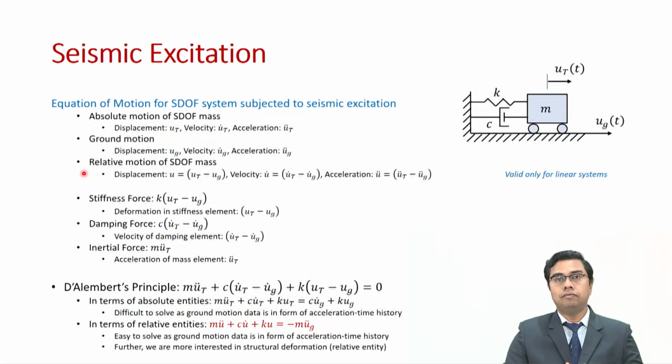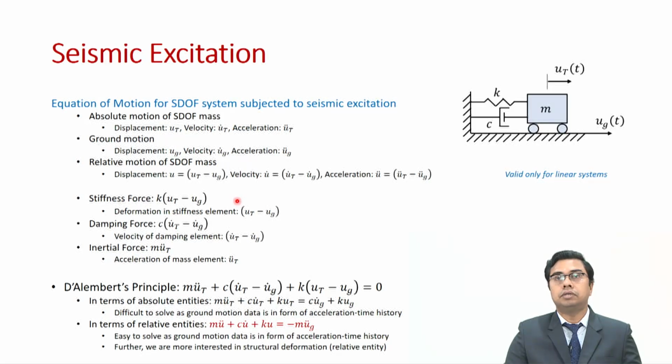At this point, we have to be clear that the stiffness force in this structural system will be obtained using the structural deformation, which means it will be obtained using the relative motion. And what is a structural deformation?